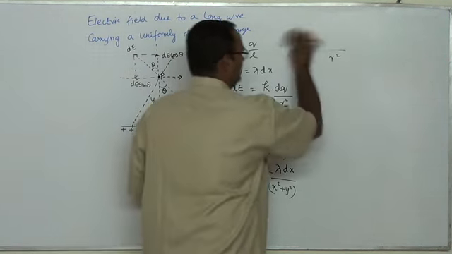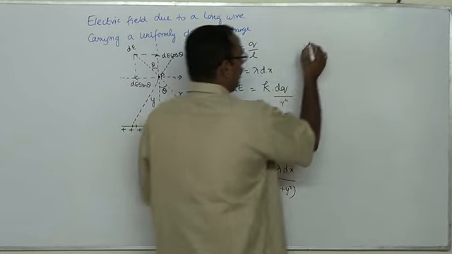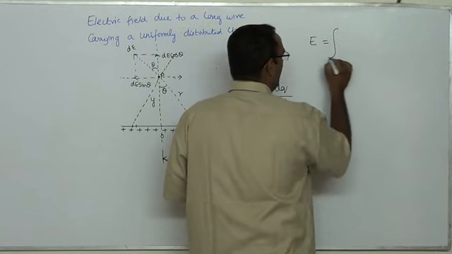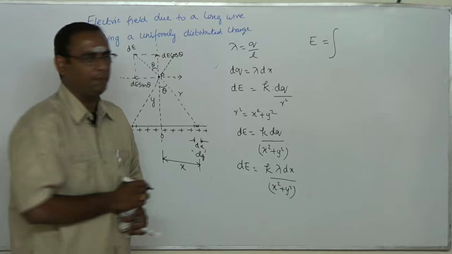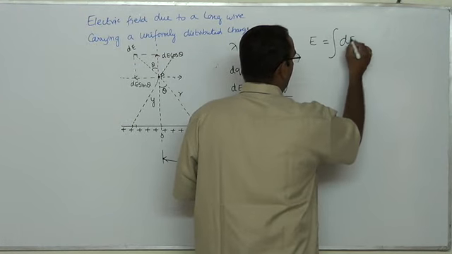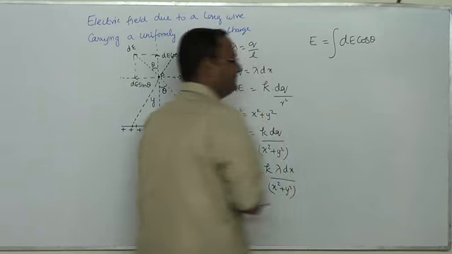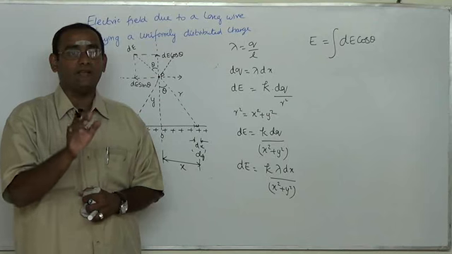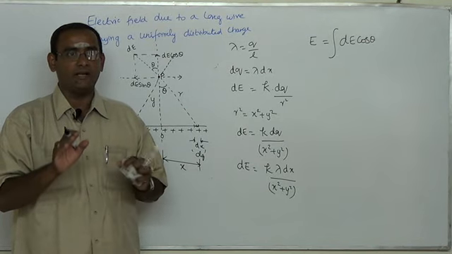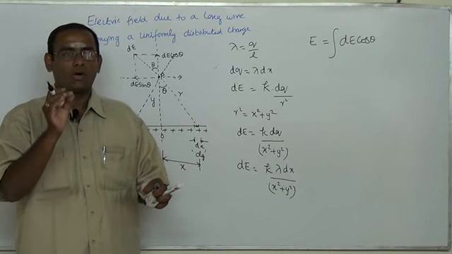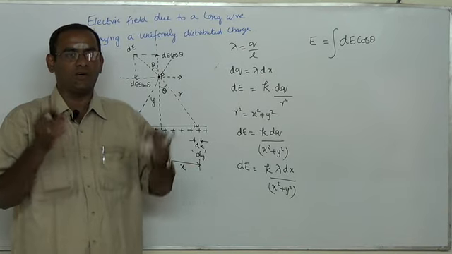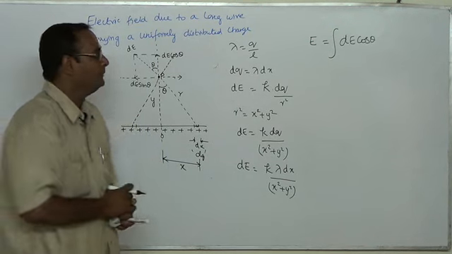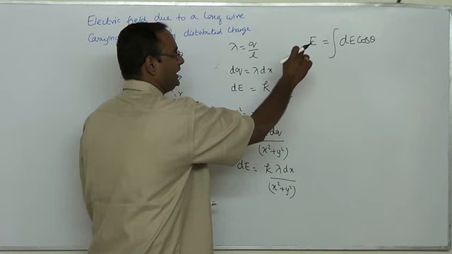And therefore here the total electric field E is nothing but the sum of all the components, which is the integration of all the components of dE cos theta. dE sin theta will not come into the picture because the corresponding components of dE sin theta on both sides will cancel out and only dE cos theta will get summed up. Therefore E equals the integral of dE cos theta.